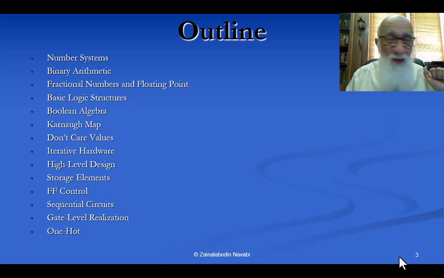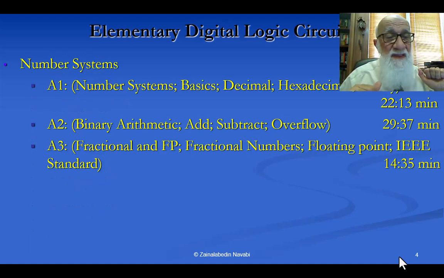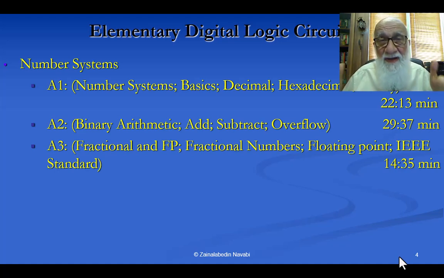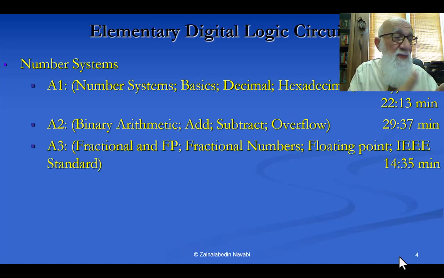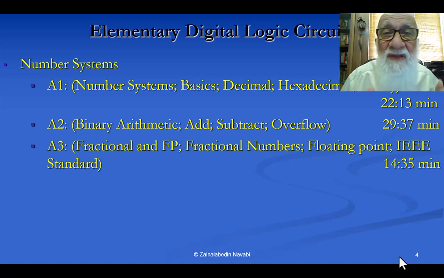The course is approximately 6 hours, and the way the lectures are arranged is, for example, we have number systems as topic A, and then we have A1, A2, A3. These are the segments of the topic, which I try to make them all under half an hour.